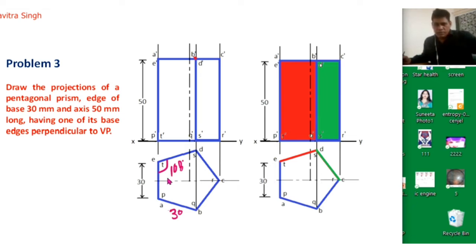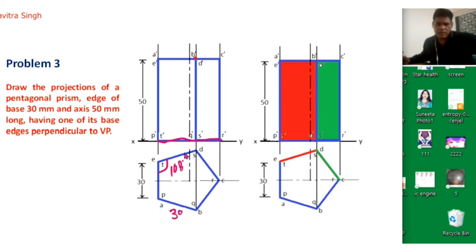So now we will draw the vertical lines from the top view. So vertical line is drawn from point A, from point B, from point C, from point D, from point E. Okay, suppose this is the base of this pentagonal plane.